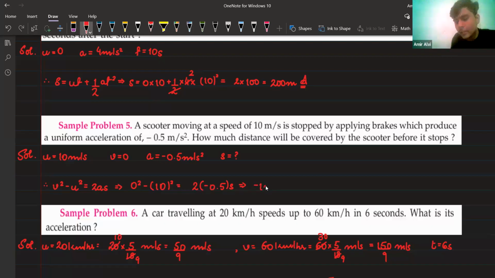Then it's minus 100 equals minus 2 into negative 0.5. What will be the answer? That would be negative 1, isn't it, Naisha? 1 into s. This negative will cancel that negative. s would become 100 meter. Right? So this is the answer.